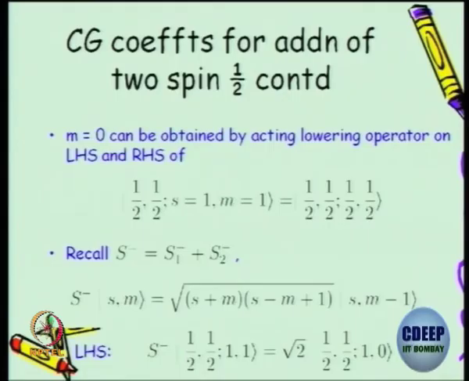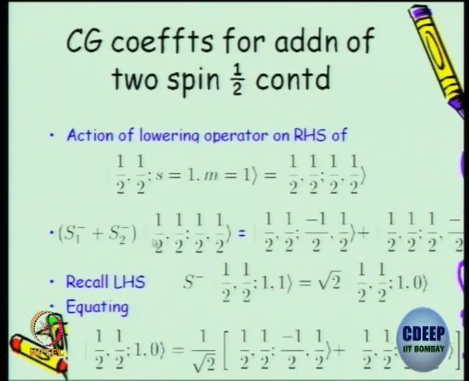We have done this on the coupled side, and now do it on the uncoupled basis. I am not putting the cross identity cross, but you remember this. So this one will lower the first half to minus half and this one will lower the second half to minus half.